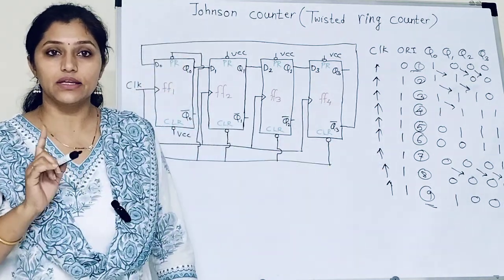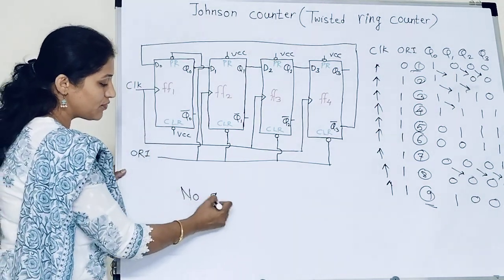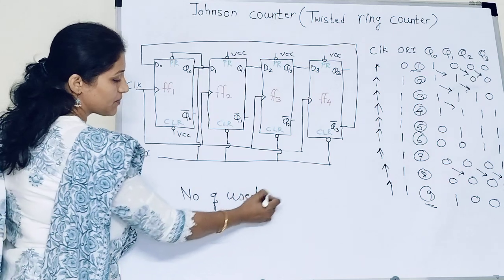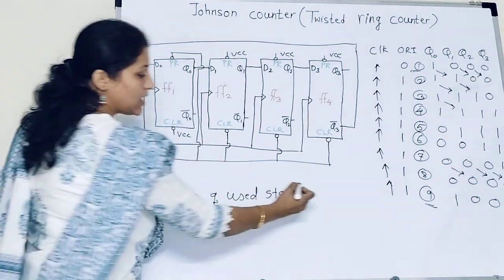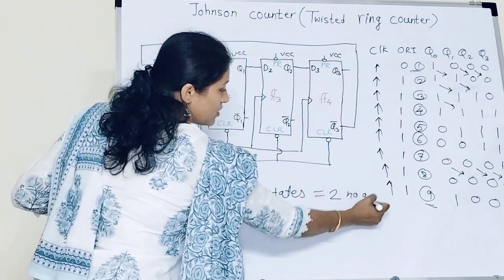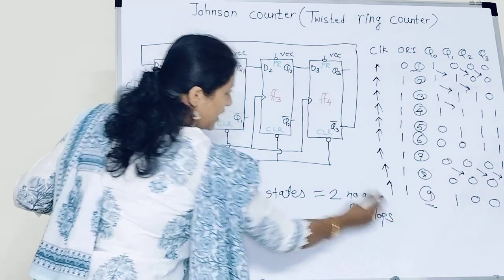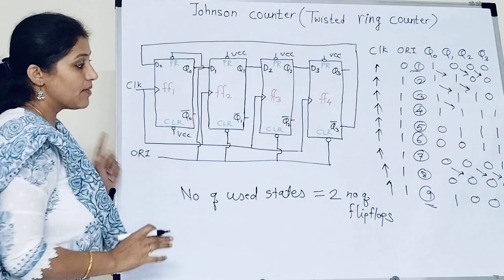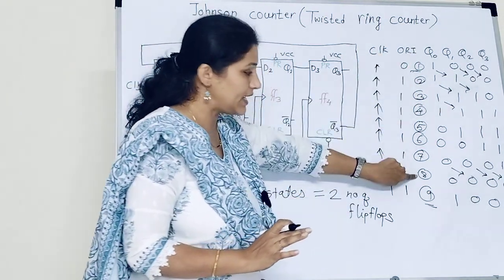Now you can see in a ring counter, the number of used states. Here the number of used states is 2 times the number of flip-flops. I have used 4 flip-flops. My distinct, unique or used states are 8.